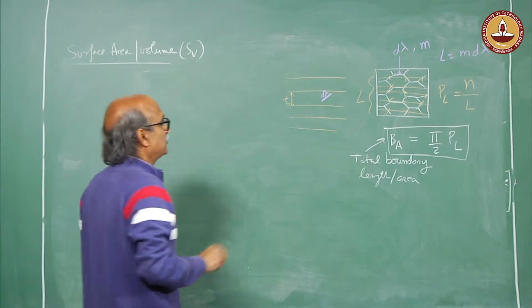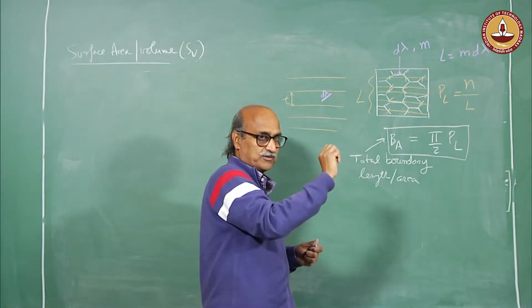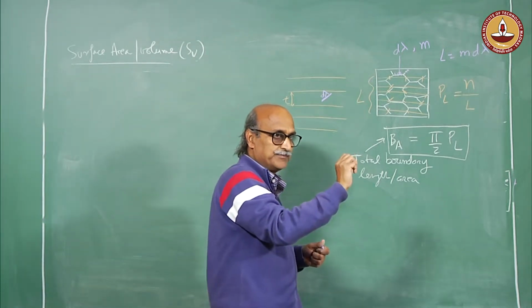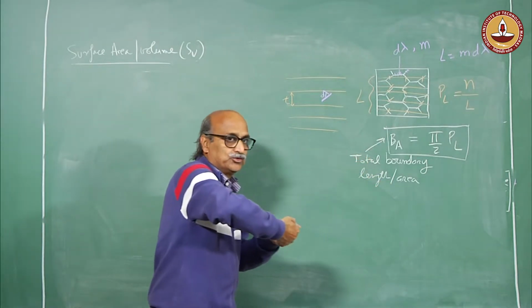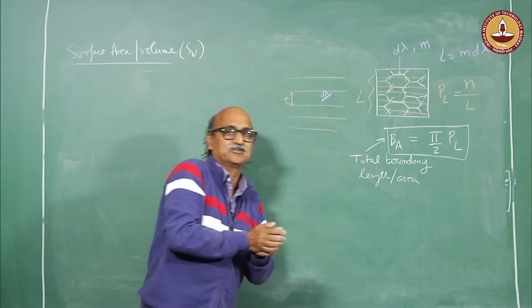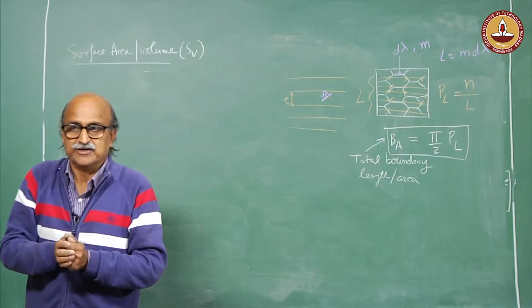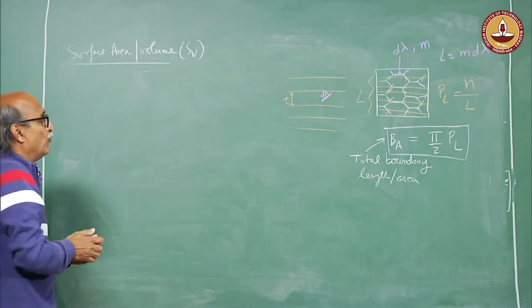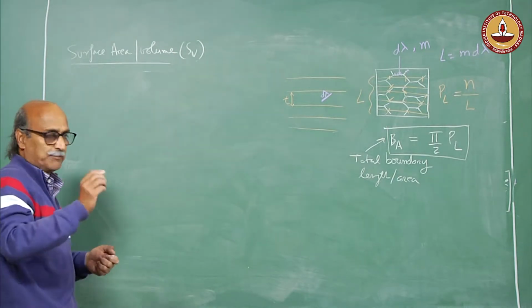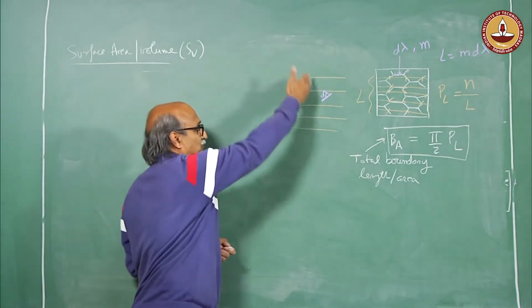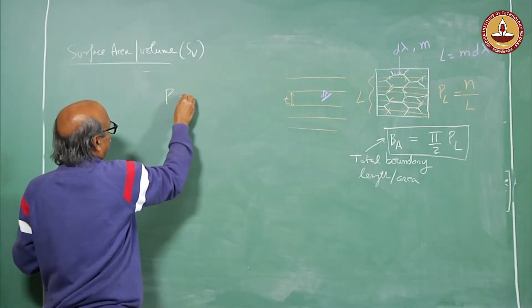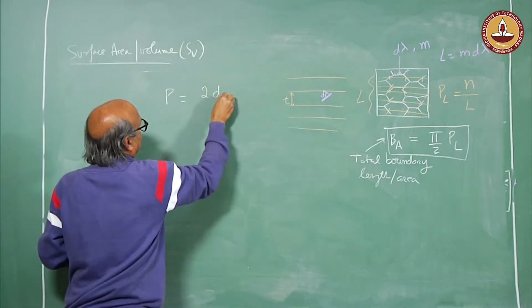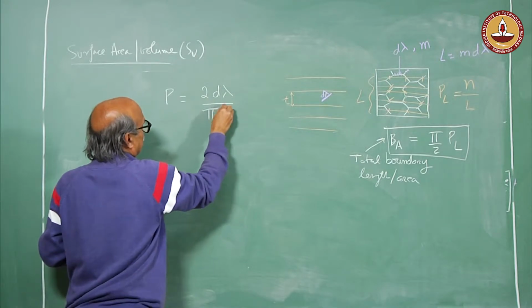Each of these grain boundary segments of infinitesimal length d lambda behaves like a Buffon needle that we have simply thrown on this line grid. What is the probability that a particular segment will intersect one of these lines? That we have already seen is 2 times d lambda upon pi t.